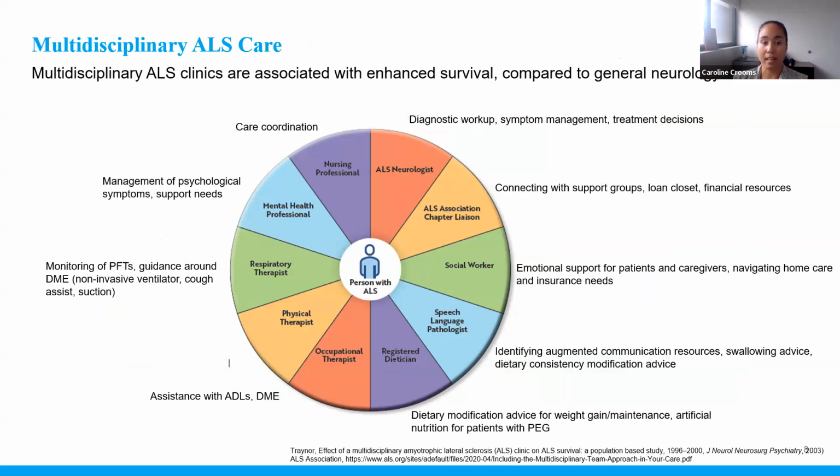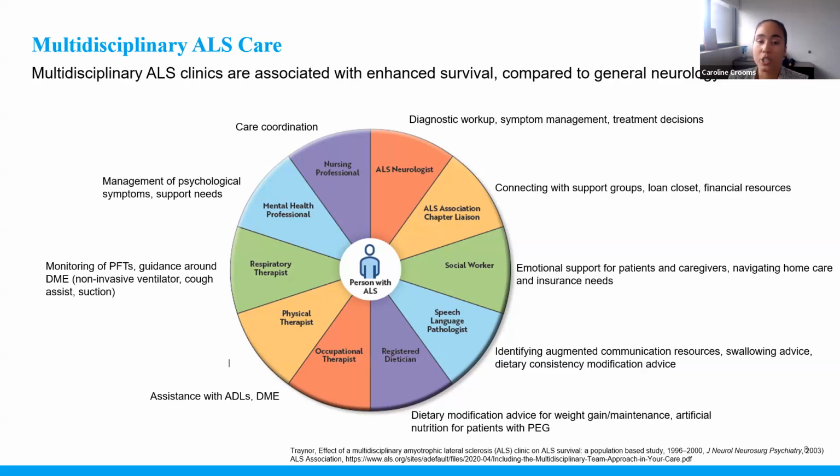Not all multidisciplinary ALS clinics have all of these individuals, but they certainly all can have a role. And I would also just note that in the center, we have the person with ALS, and I think really the caregivers of the person with ALS should also be in there with them. The ALS neurologist obviously is managing diagnosis, treatment, and to a large extent, symptom management.